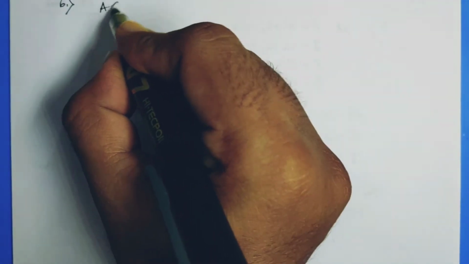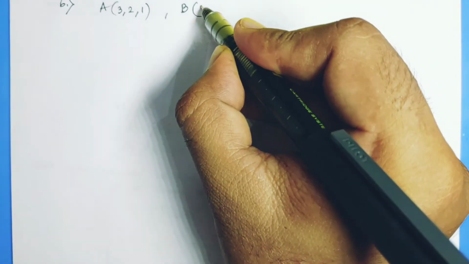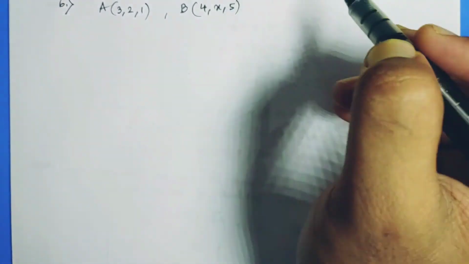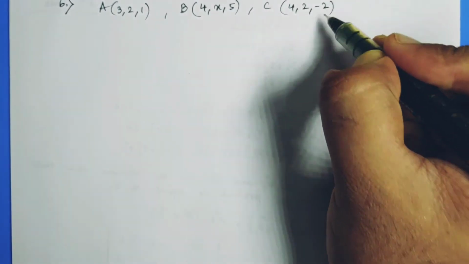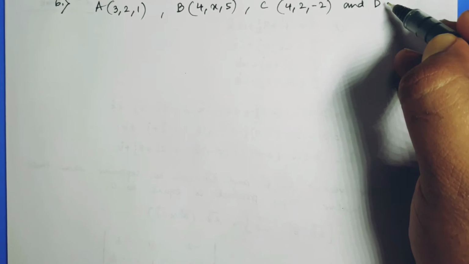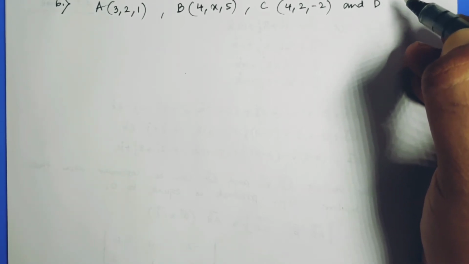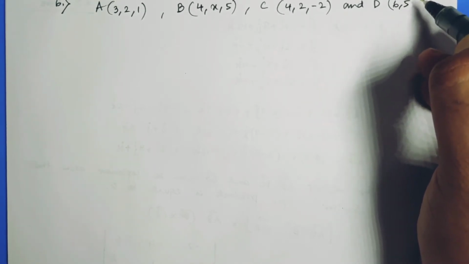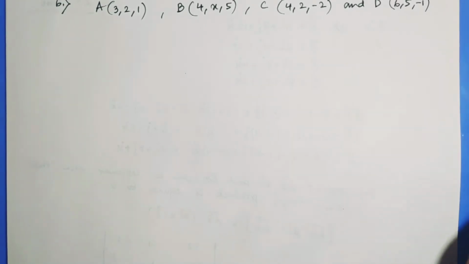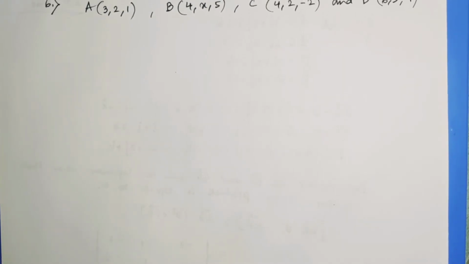A is given by (3, 2, 1), B is given by (4, x, 5), and C is given by (4, 2, -2), and D is given by (6, 5, -1). So you have to find the value of x for which these points are coplanar.